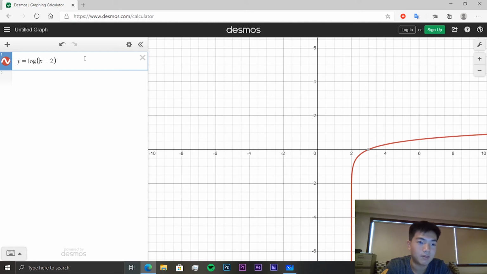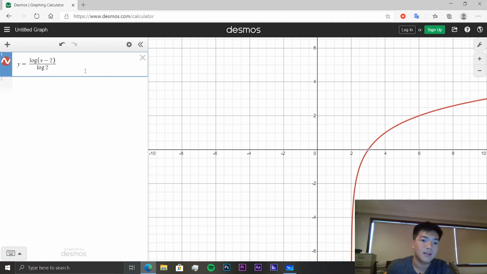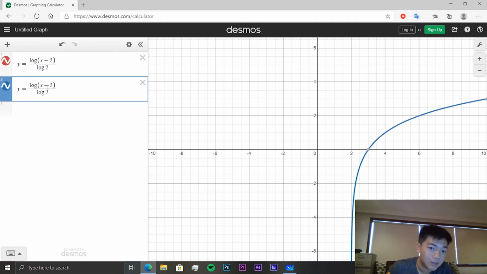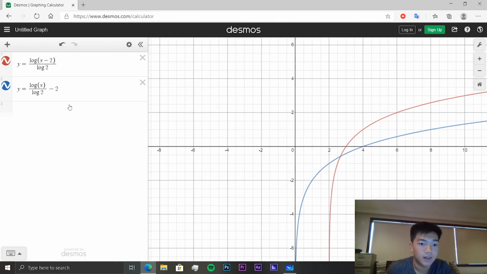I guess we have to write log(x - 2) over log 2, which is fine. And we also have log x over log 2 - 2. So geometrical transformations of y = log x over log 2.